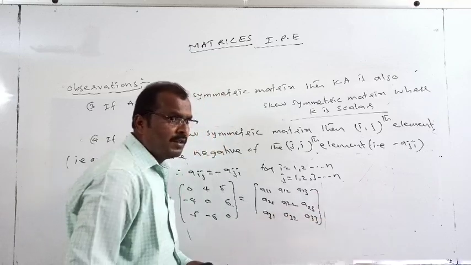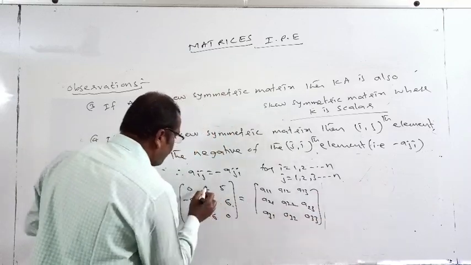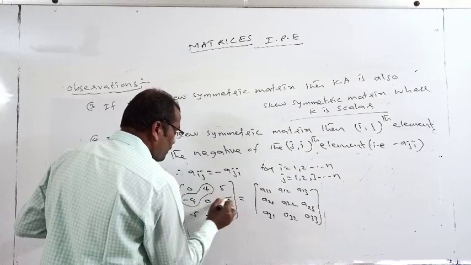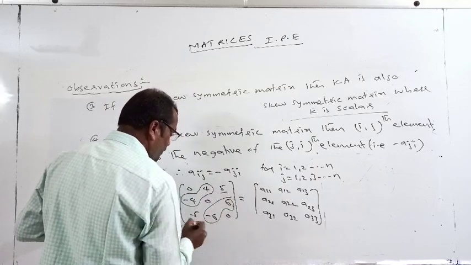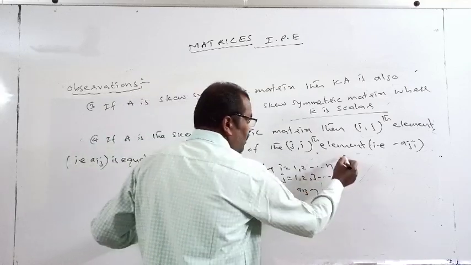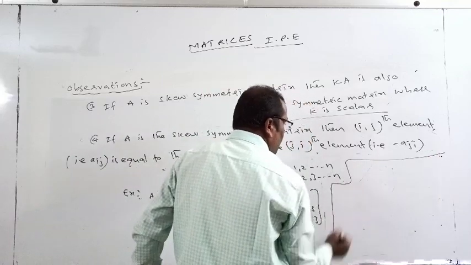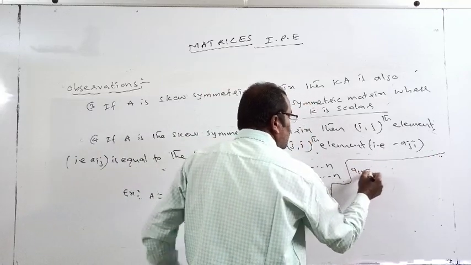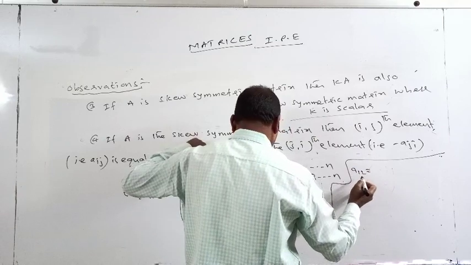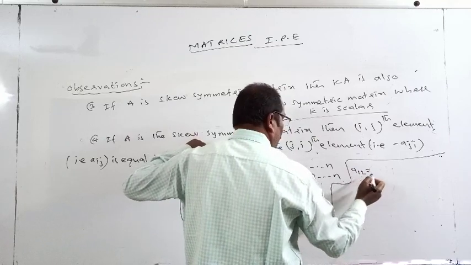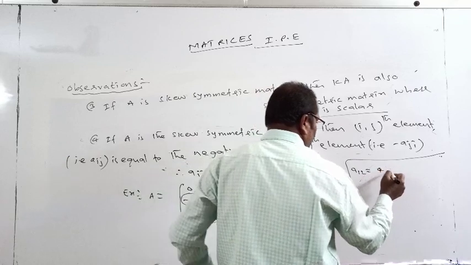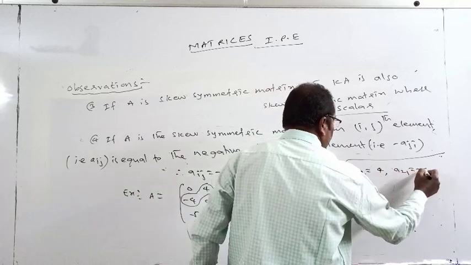Now see these two and these two. So what is the property? A12 is equal to 4 and A21 is minus 4.